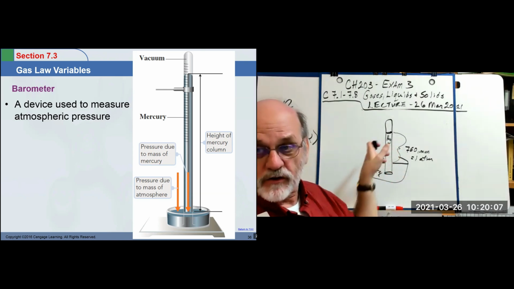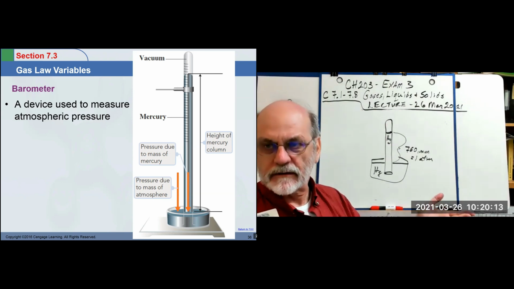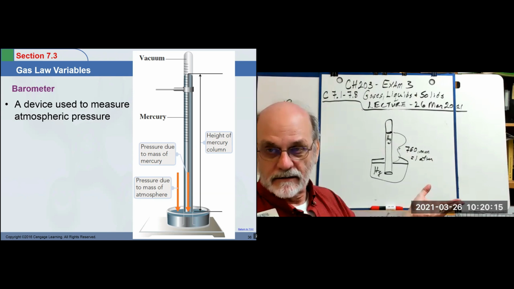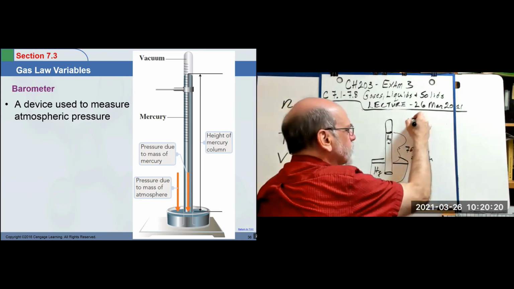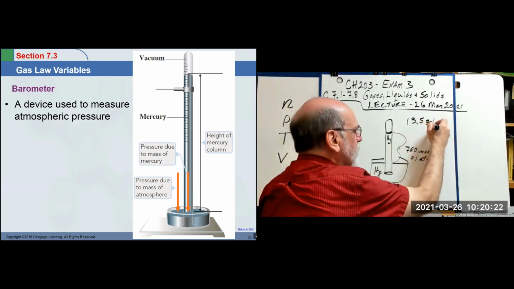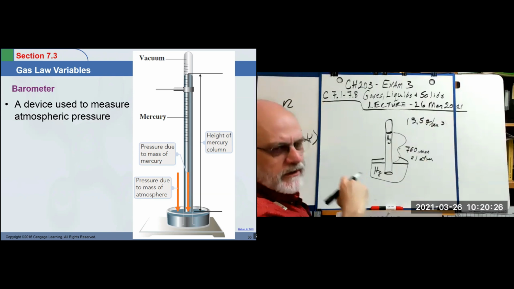Oh, by the way, why did Torricelli use mercury? Why didn't he use some other liquid, right? Well, mercury was common, of course. It was a metal, so it was very dense. I think it's in the neighborhood of 13.5 grams per cubic centimeter.